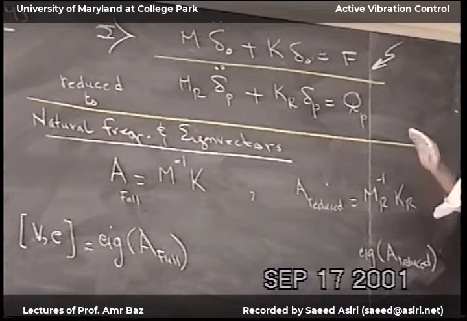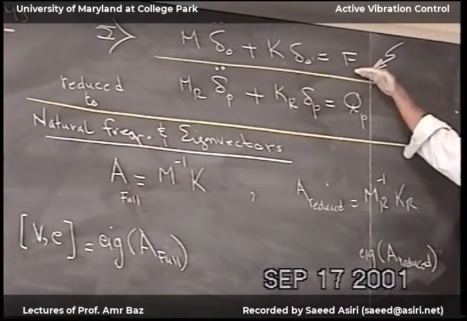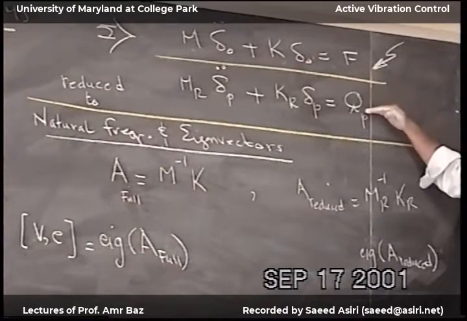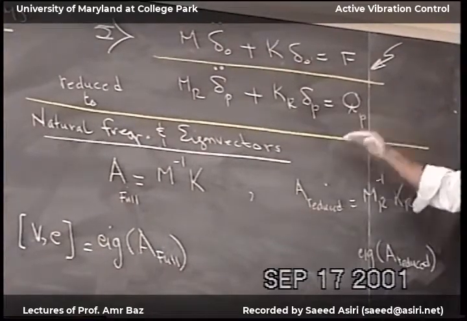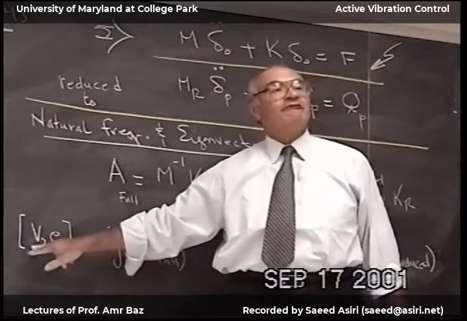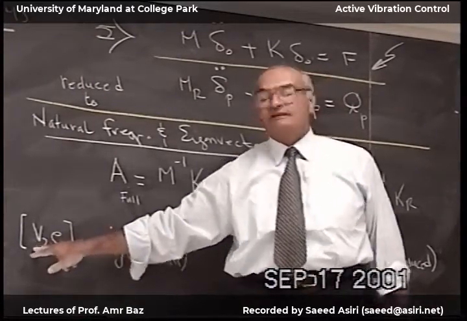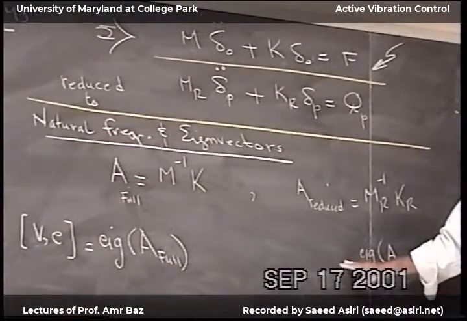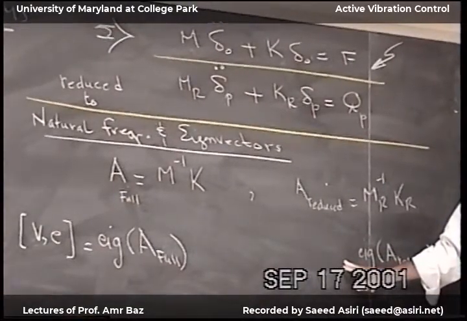Okay, now let's say this is 4 by 4 and I throw away 2 degrees as secondary, so this becomes 2 by 2. So here I'll have 4 eigenvalues and 4 by 4 matrices. Here I'll have 2 eigenvalues and 2 by 2 vectors.